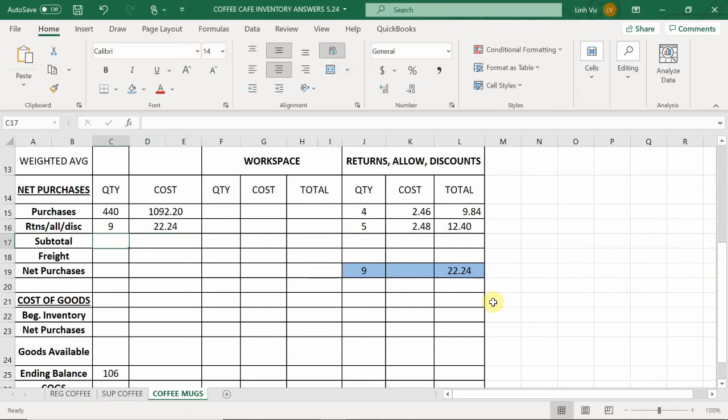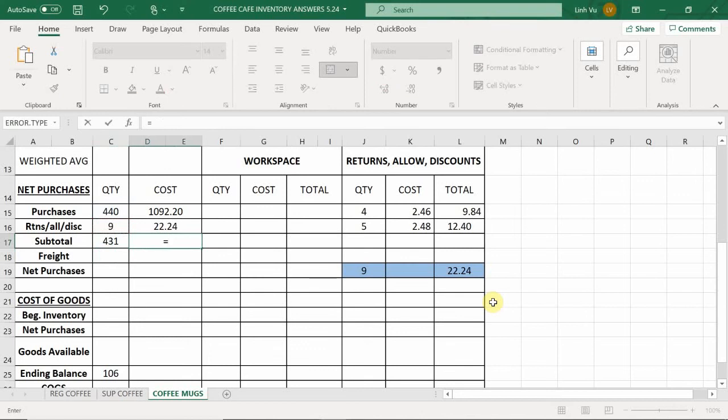So in this case, what is our subtotal? 431. Good. And then what is the total cost here, if I end up returning $22.24 worth? You added.